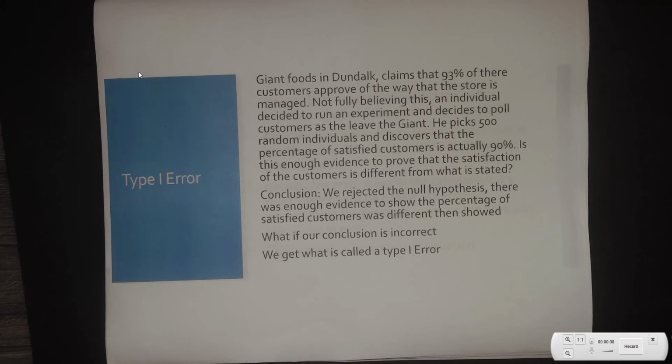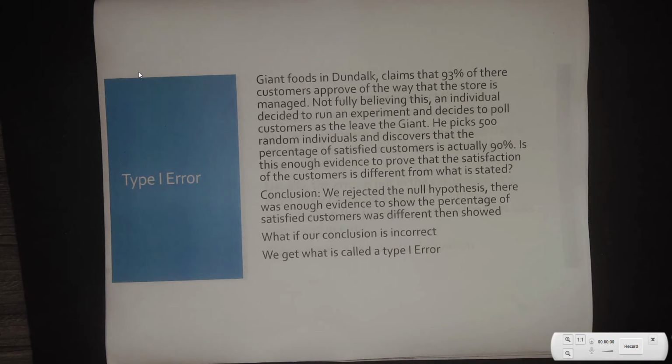So this is what we started off with in our other topic. We said Giant Foods in Dundalk claims that 93% of their customers approved the way that the store is managed. Not fully believing this, an individual decides to run an experiment, decides to poll customers as they leave the Giant. He picks 500 random individuals, discovers that the percentage of satisfied customers is actually 90%.